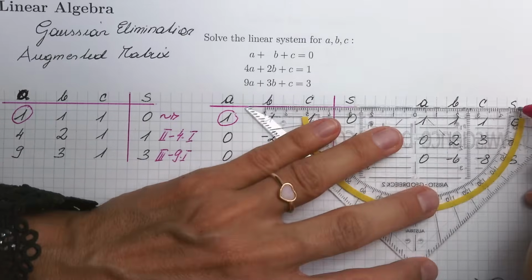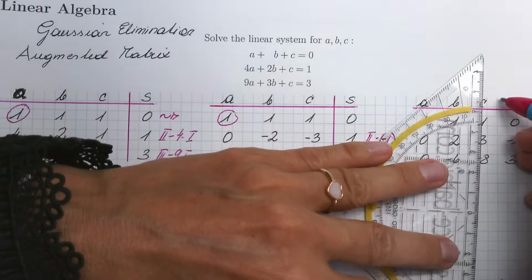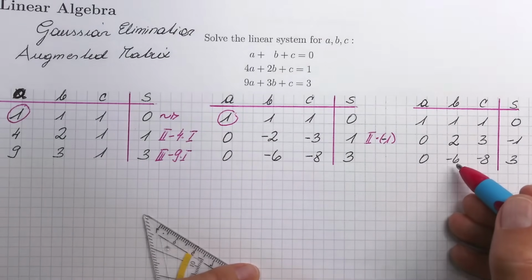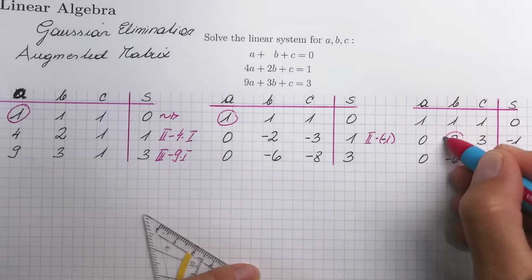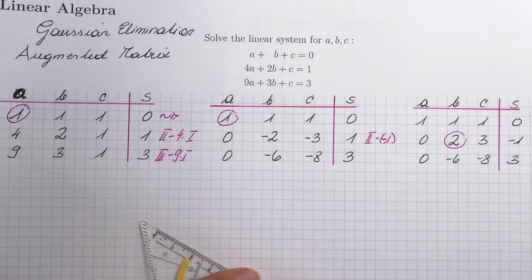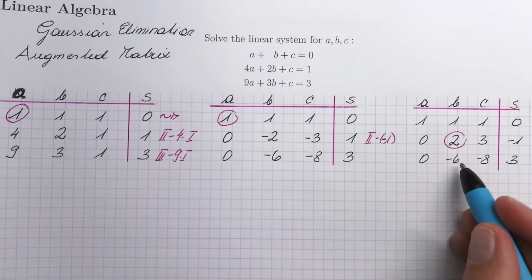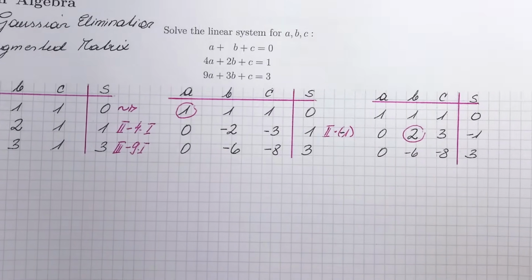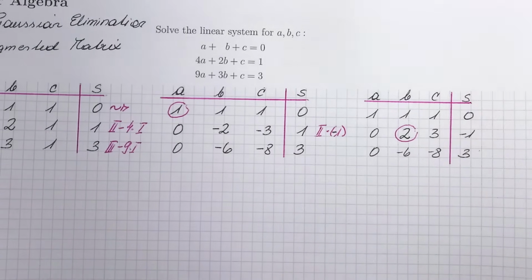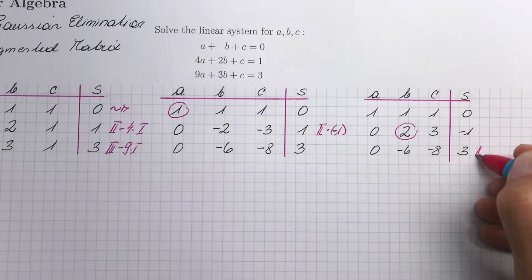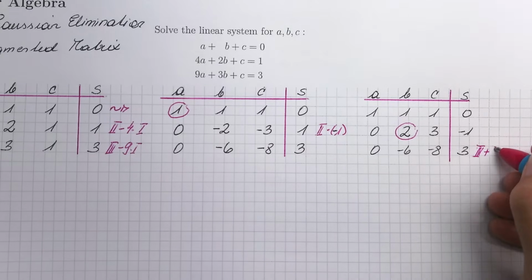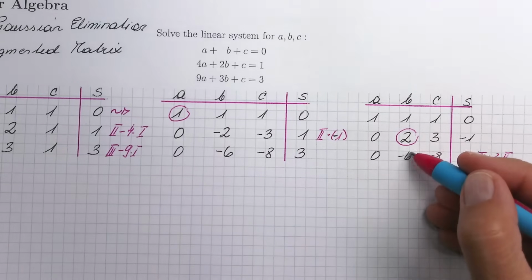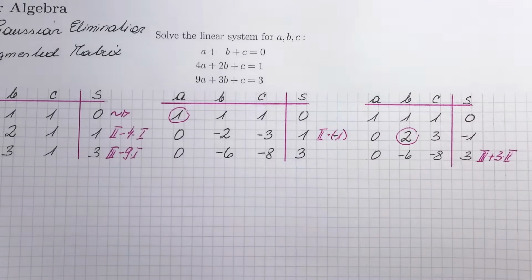Now what do we want next? Already looking quite nice. We want a 0 on this position, because that's our new pivot element. And how do we get a 0 here? Well, we just add to the third row 3 times the second row, because 3 times 2 is 6, and minus 6 plus 6 is 0.